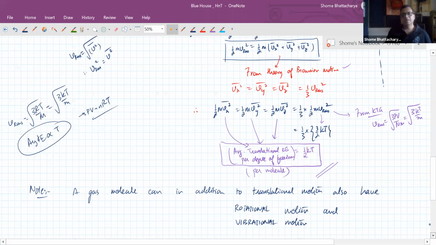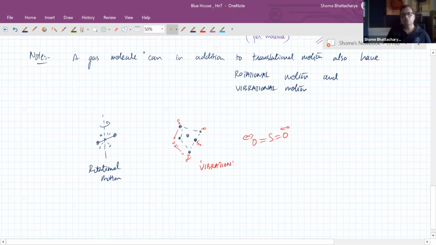Okay, so depending on the shape and size of the gas molecule, a gas molecule can have additional types of motion. In addition to translation, it can also have rotational and vibrational motion.